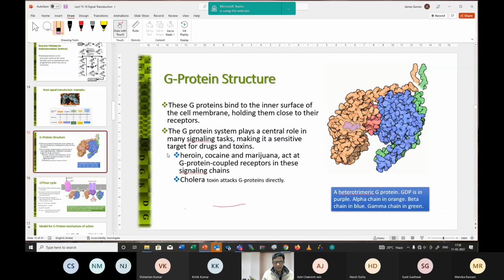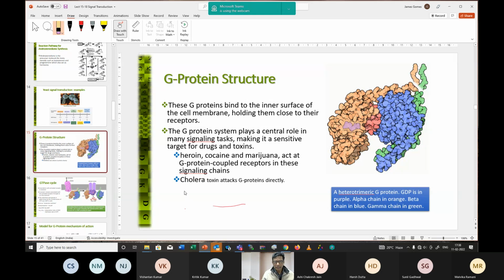So this is a very central protein in the human sensing system, and it's also part of the reward mechanism in the brain. It's part of the signaling mechanism there, and so drugs and toxins which lead to addiction, heroin, cocaine, marijuana, are all based on these G protein coupled receptors and a signaling chain.